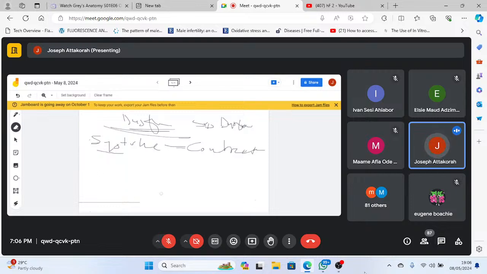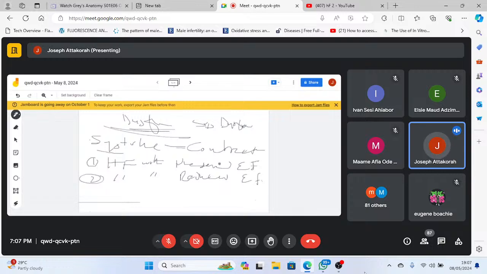They'll be using these terms: one, heart failure with preserved ejection fraction, and two, heart failure with reduced ejection fraction.